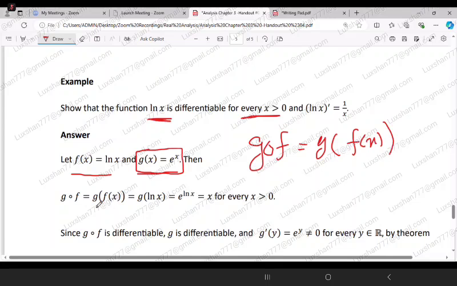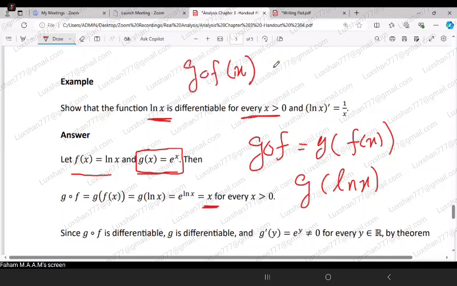My f(x) is equal to ln x, and my g(x) is e to the power x. Therefore, g of ln x is equal to e to the power ln x, which is equal to x. Therefore, g circle f is equal to x. Now g circle f has become a very simple polynomial function of order 1.